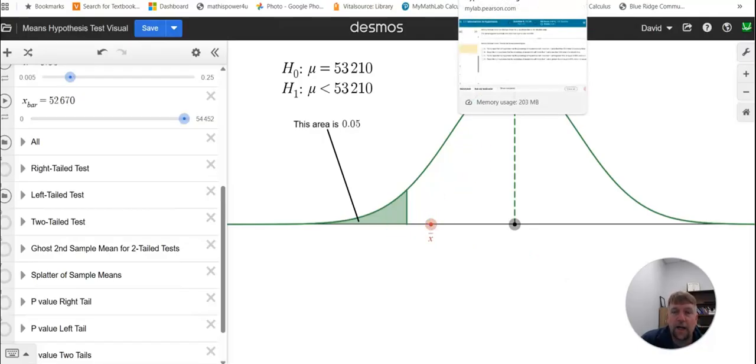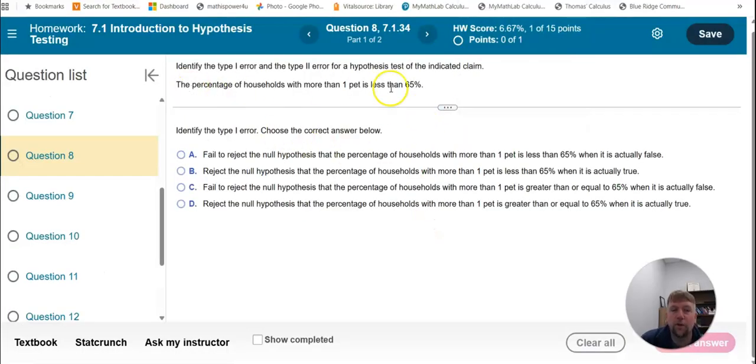So I conclude the claim that it's less than 65 when it wasn't less than 65. So the type 1 error here would be rejecting a true null hypothesis. So rejecting the null hypothesis, that the percent of households with more than one pet is greater than or equal to 65%, that's the complement of this, when it's actually true. So that's our type 1 error.